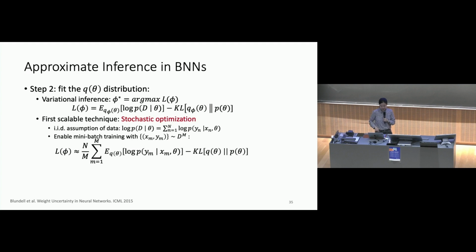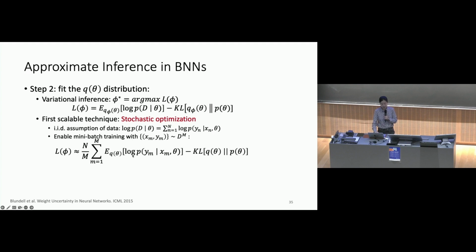So instead, the second thing that is very important here is that for scalable computation, we need to use the idea of stochastic optimization, i.e. stochastic gradient descent. The idea is the following. If you assume i.i.d. data points, then this log likelihood term can be rewritten as a sum over each of the individual data likelihoods.